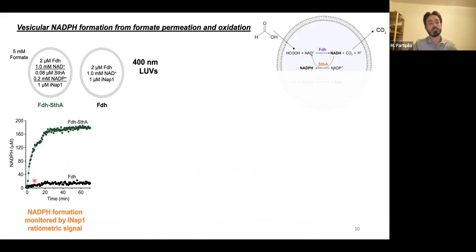And as you can see, because of the INAP sensor, we could observe and monitor the formation of NADPH in our LUVs. Here, the full reduction of NADPH was achieved after 20 minutes, while our negative control, so vesicles where only NADH formation was taking place, did not show any NADPH formation as we were expecting.